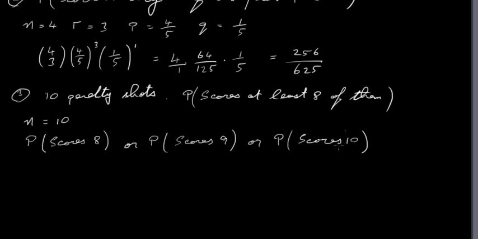These are our only possibilities. So we're looking at the probability that he scores 8, 9 or 10.